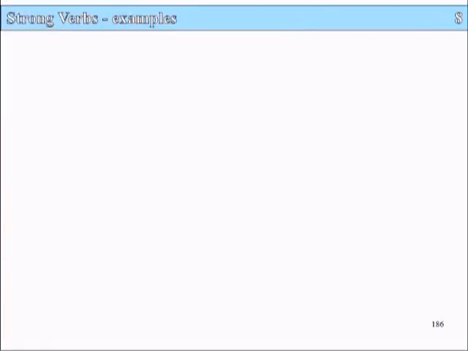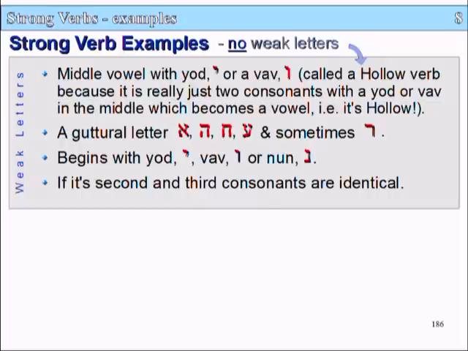Slide 186. Lesson 8, Strong Verbs, Examples. So let's have a look at some examples of the strong verb, remembering that they cannot have any of the following weak letter characteristics. They can't have a middle vowel with a yod or a vav. They can't have a guttural letter.